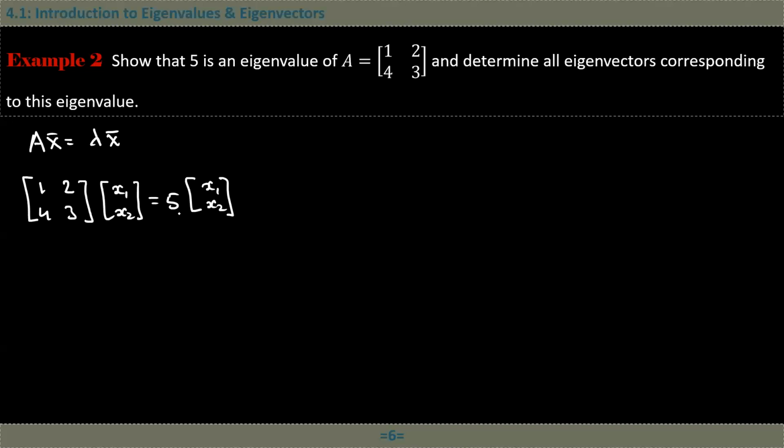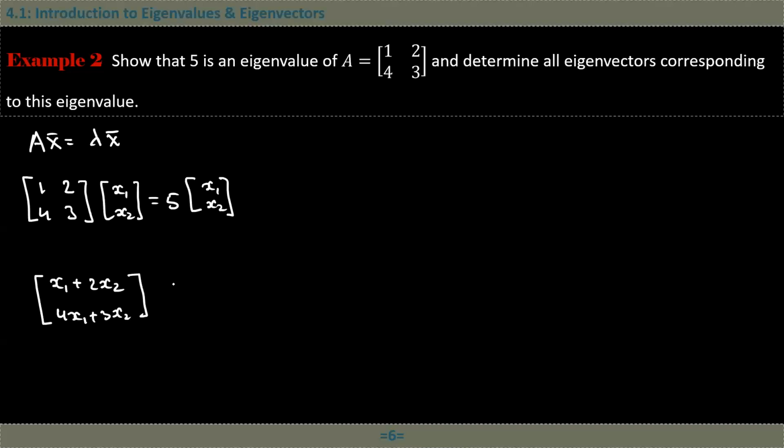Because as you see here, if you just simplify this, we'll get the system. So on the left-hand side, what do we have here? Here we have 1 times x1, 2 times x2, so x1 plus 2x2. And here we have 4x1 plus 3x2, right?